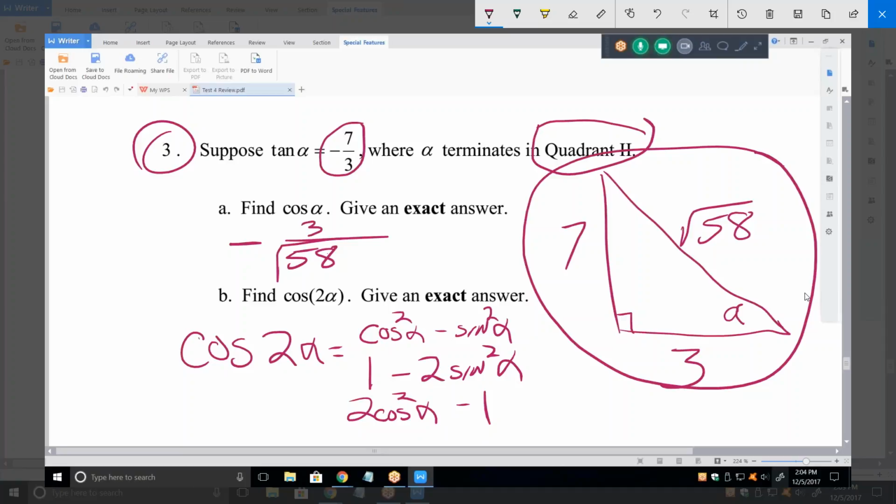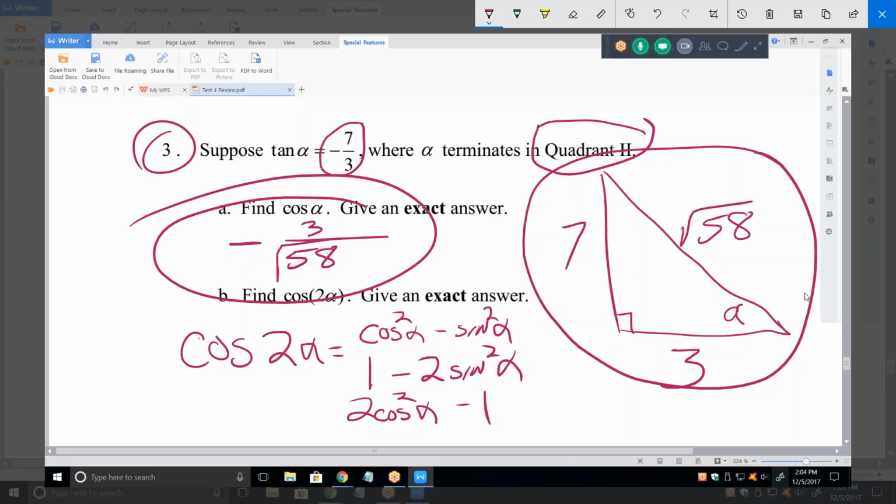The bottom 2 both have the trig function multiplied by 2. I'm just trying to give you ways to memorize all 3 of these. Which is the easiest one to use? Two cosine. Yeah, because we've already solved for that.